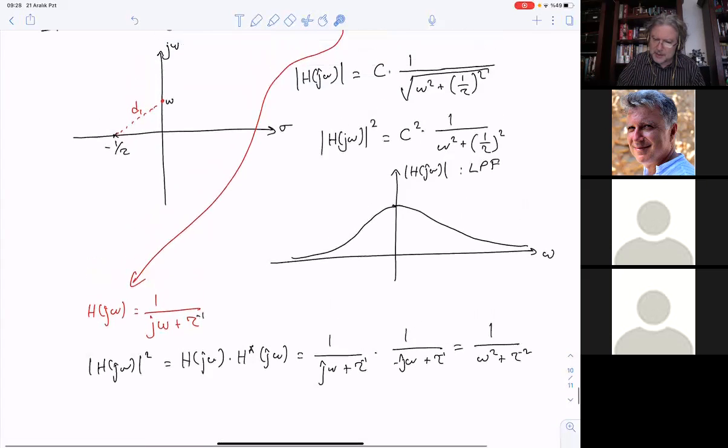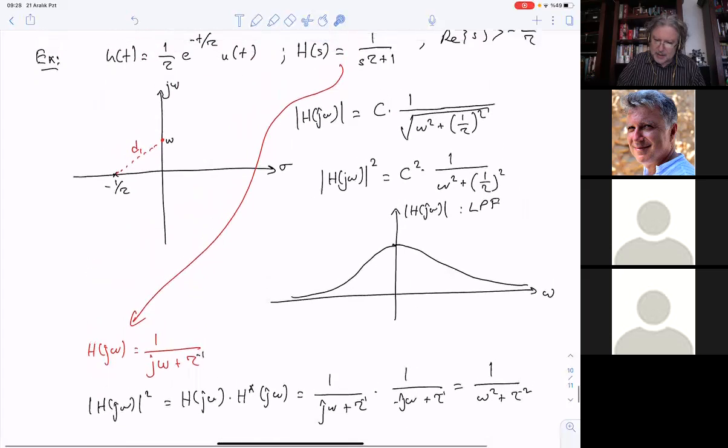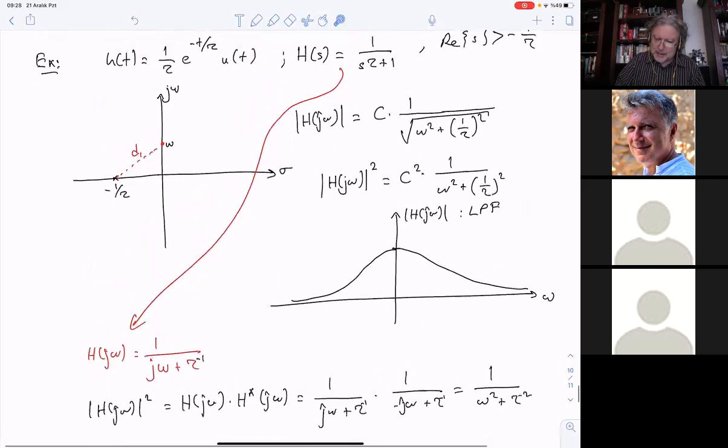I have mistaken the whole concept of 1 over s tau plus 1 with 1 over s plus tau. It was a mistake. So this link and this answer was incorrect. I have to make corrections starting from there, which means I have to make corrections everywhere.